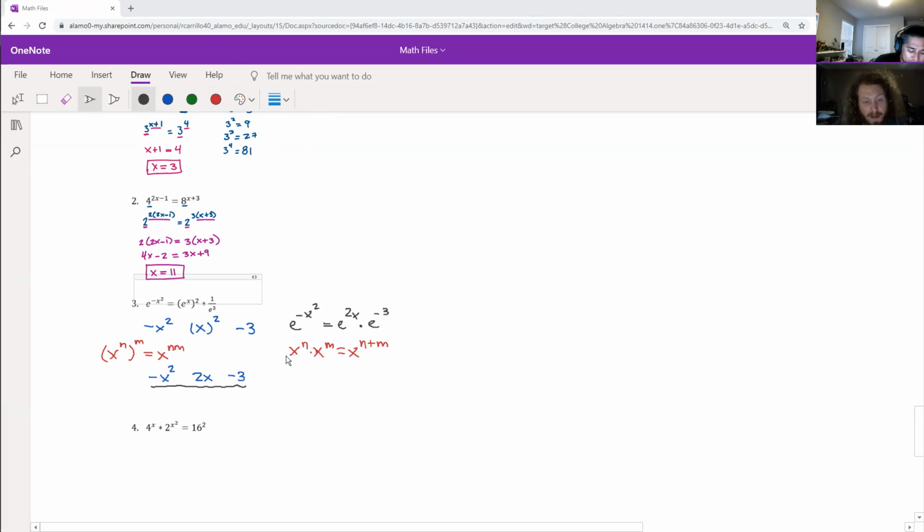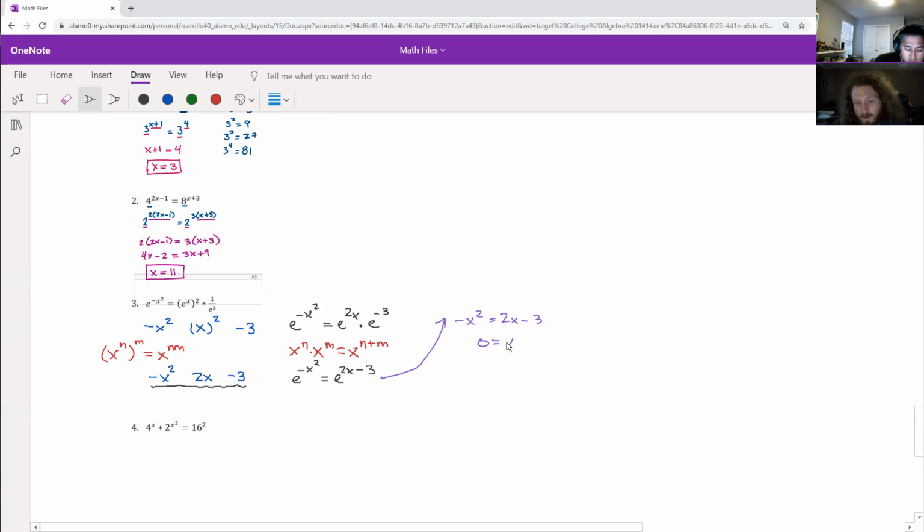So now we can rewrite this as e to the negative x squared equals e to the 2x minus 3, right? Because plus negative 3 is just minus 3. Let's make purple the solving color. That means we can change this to just this: negative x squared equals 2x minus 3.